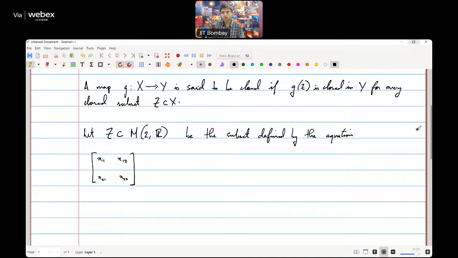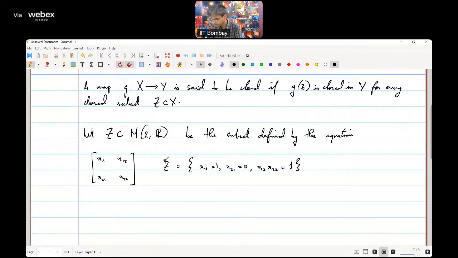We look at the vanishing of the equations: X11 equal to 1, X21 equal to 0, and X12 times X22 is equal to 1.